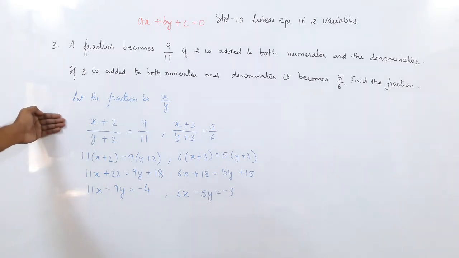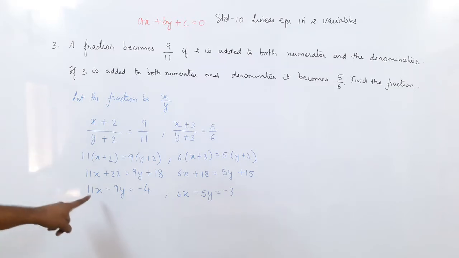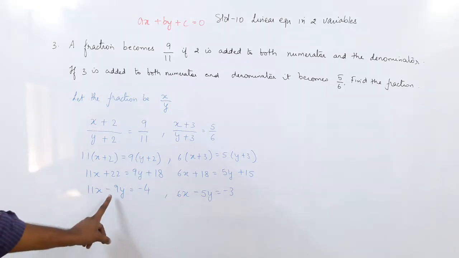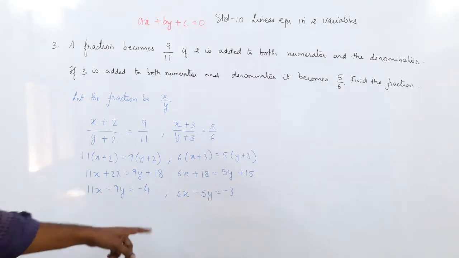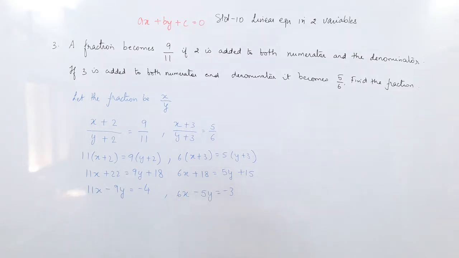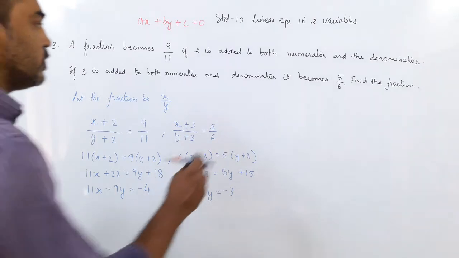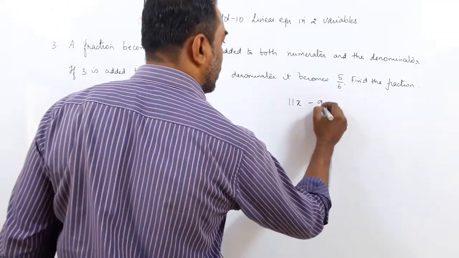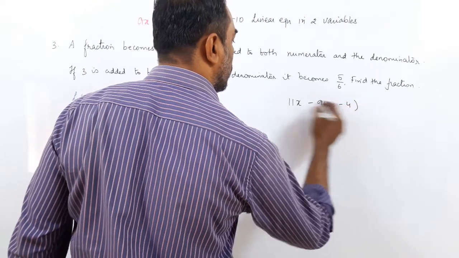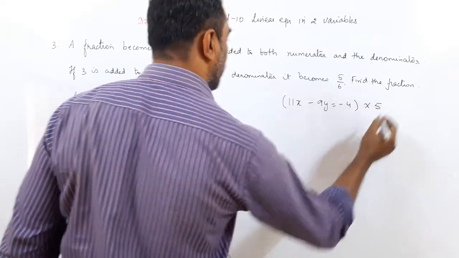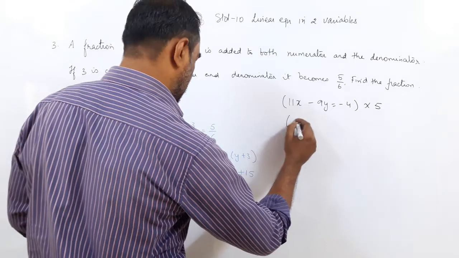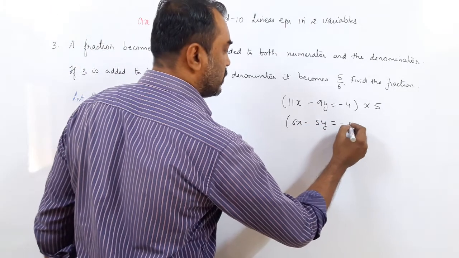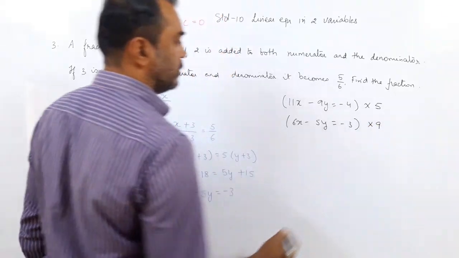So this time I'll go for the elimination method. Okay? So this is 11 and this is 6. The LCM is 66. This is 9 and this is 5. The LCM is 45. So I'll go by the 45 LCM. So what I'll do? 11x minus 9y equal to minus 4, I'll multiply by 5, and 6x minus 5y equal to minus 3, I'll multiply by 9.